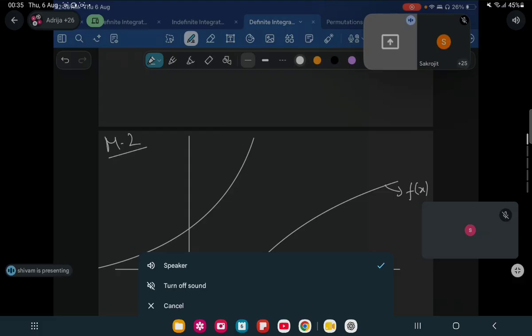So at x equal to a, it will give us c. Okay, this is c. f of a equal to c and f of b is equal to d.